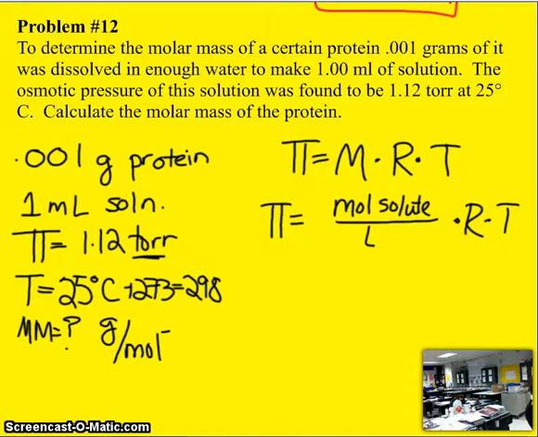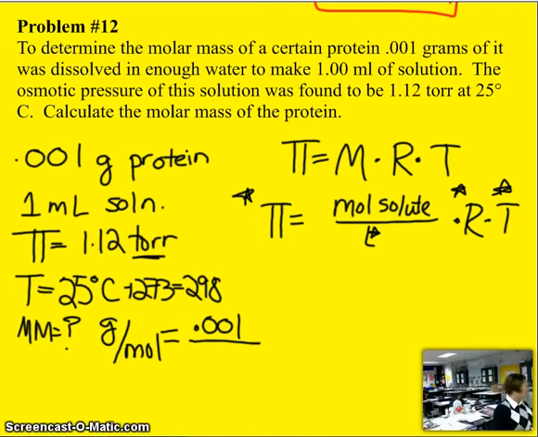We have the grams of the protein. So what I have to use the osmotic pressure formula for is to find the moles. Now, I have osmotic pressure, even though it's not in the right units, we'll have to convert it. I have liters, even though it's not in the right units, we'll have to convert it. We have R, which is your constant, and we have T.